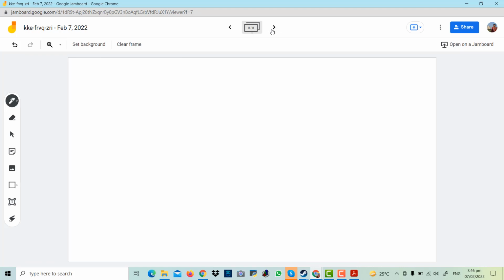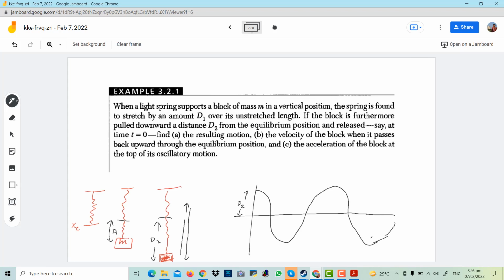Again, same equation of motion: m x double dot plus k x equal to 0, and the solution is either a cosine omega t, take note omega is equal to square root of k over m, or a sine. But you can already see it from the problem.